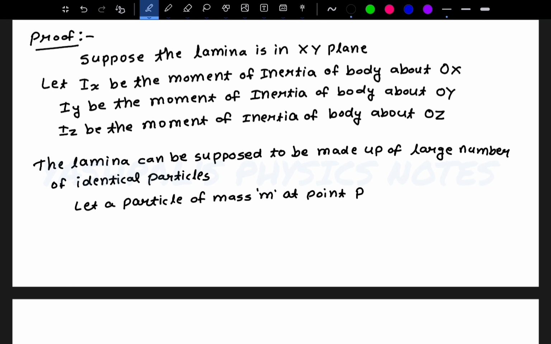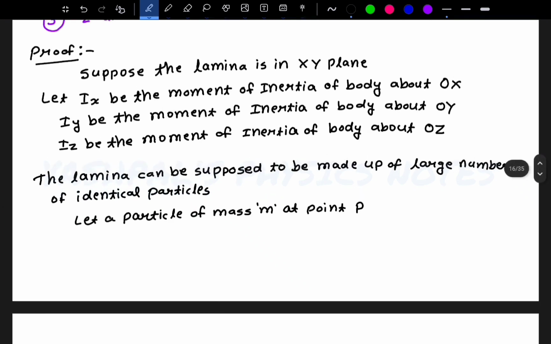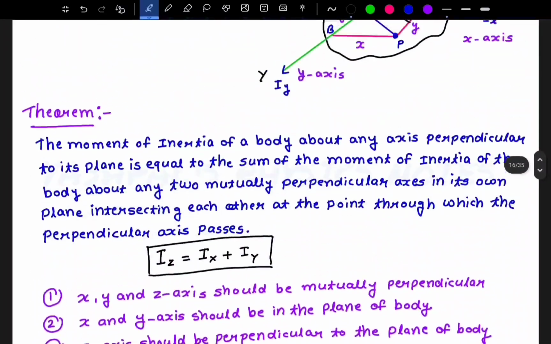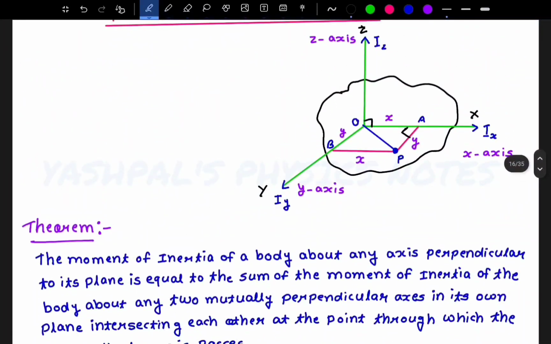Now we are going to find the moment of inertia of this particle, which is present at point P, about the x-axis, also about the y-axis, and also about the z-axis.